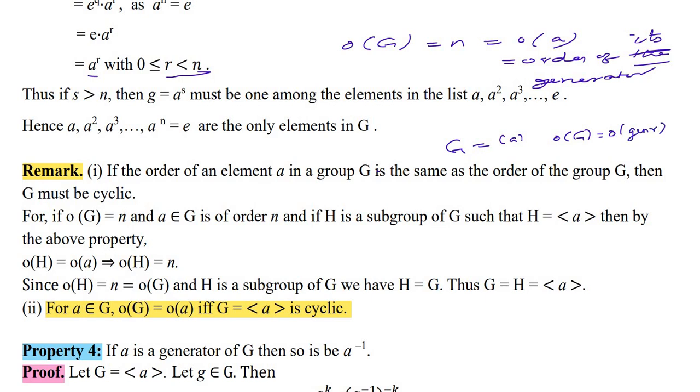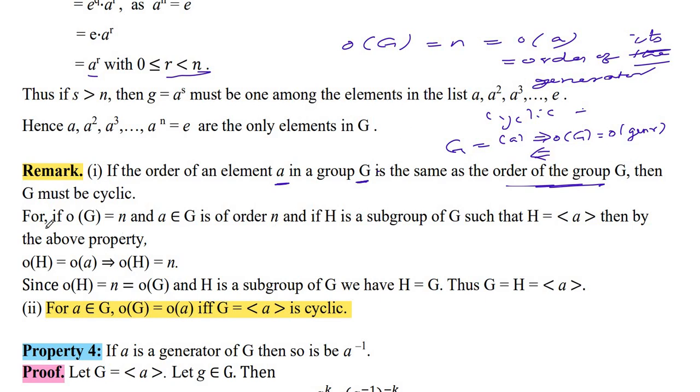So here what we say is, if the order of an element A in G is the same as the order of the group, then G must be cyclic. Here cyclic is given, and you are proving the orders to be the same. So here you have the orders to be the same. It is actually this way you have established. Now we are going to see that even in this way it is true.